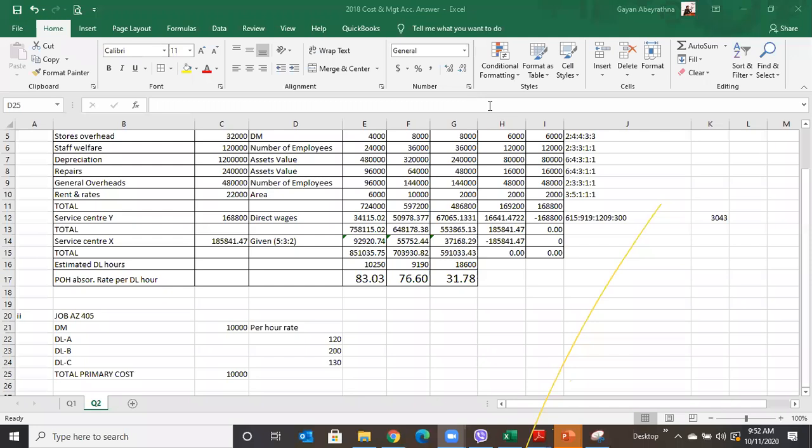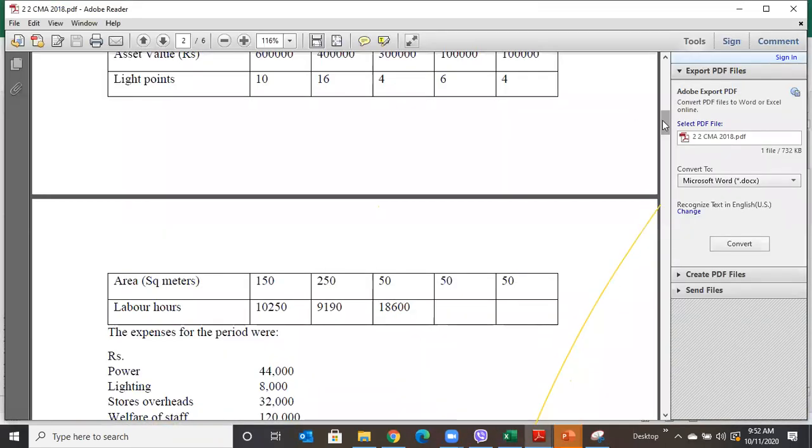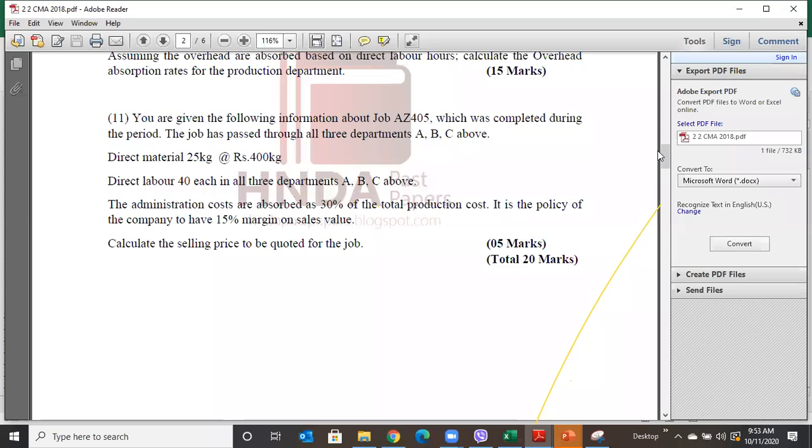New page. Okay. Now we know the per hour rate. Let's assume direct labor hours are 40 each. Okay.